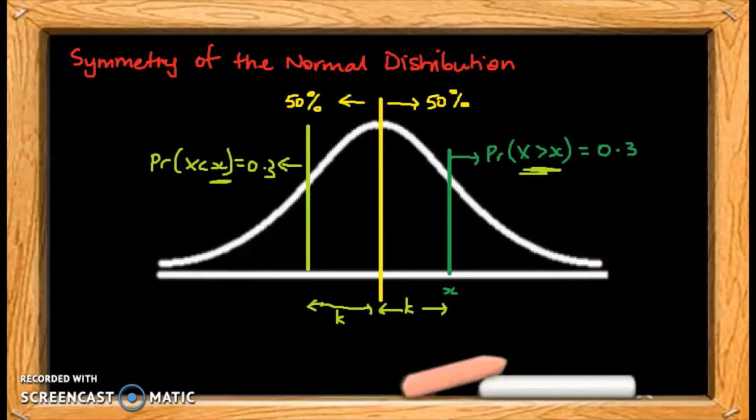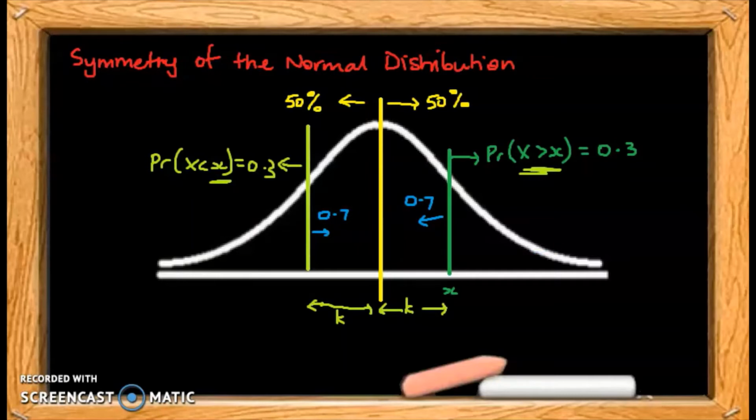It also means, therefore, that the probability of being below this value of x, which is 0.7, will equal the probability of being above this line, 0.7. The symmetry exists everywhere. And what that means is we can now start calculating quite a lot of different probabilities with only a few points.